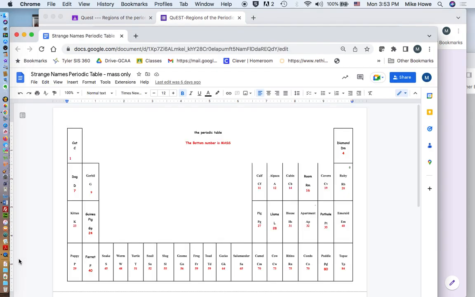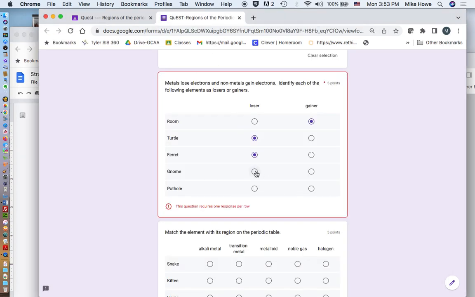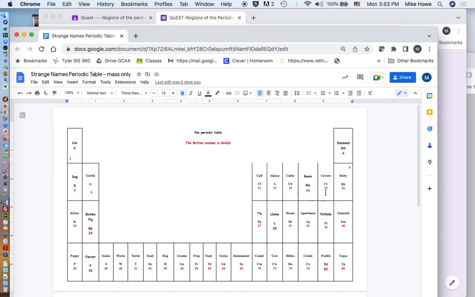Gnome, I'm looking for gnome because I don't remember where it is. Here it is. It's in the transition metals, so that would be a loser. And pothole is over here in the halogen family, so that would be a gainer.